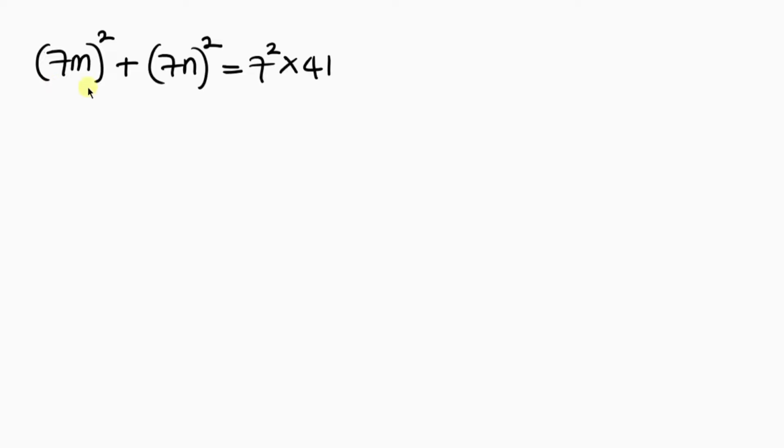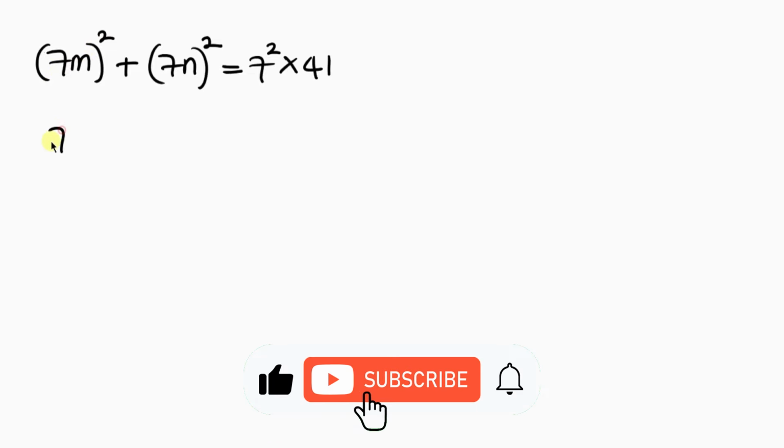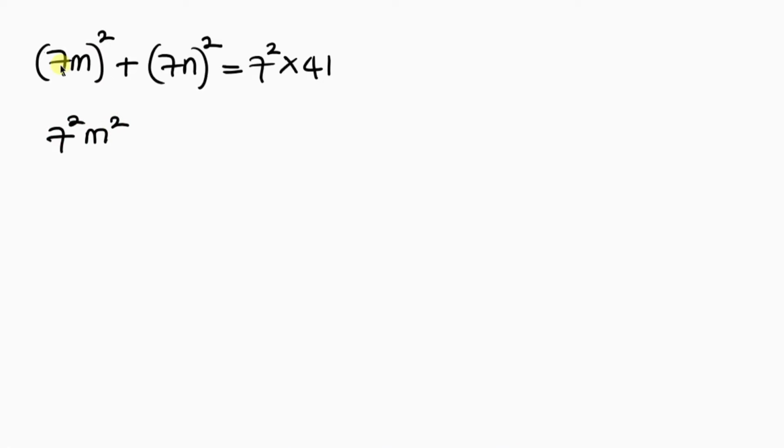So now let's simplify. 7m all raised to the 2 gives 7 squared m squared, since this square affects the 7 and the m, plus the same thing happens here, so this gives 7 squared n squared equal to 7 squared times 41. Now notice that on the left hand side, 7 squared is common, so we can factor out 7 squared.